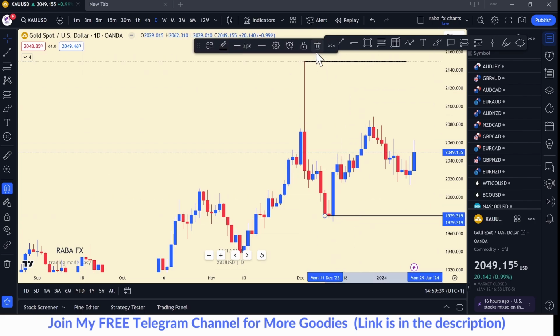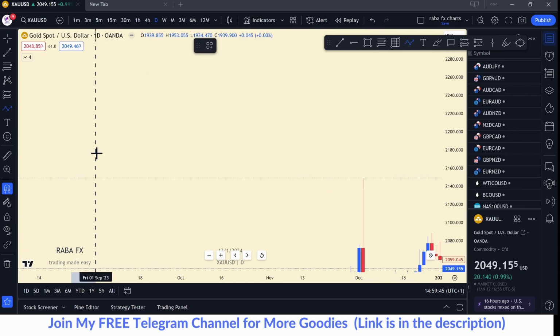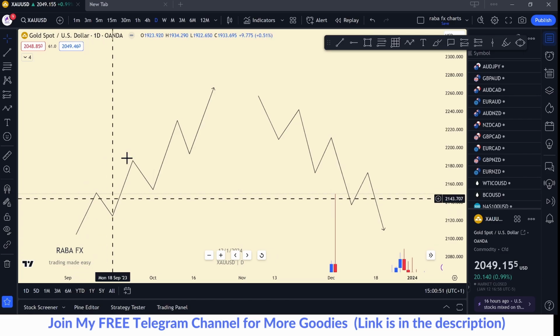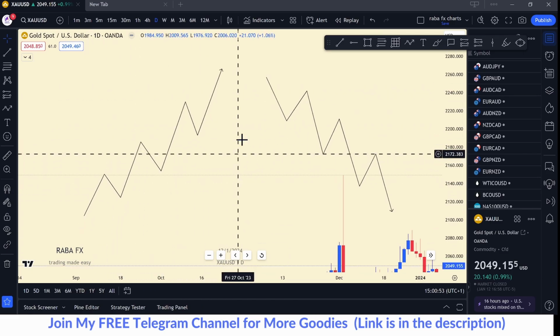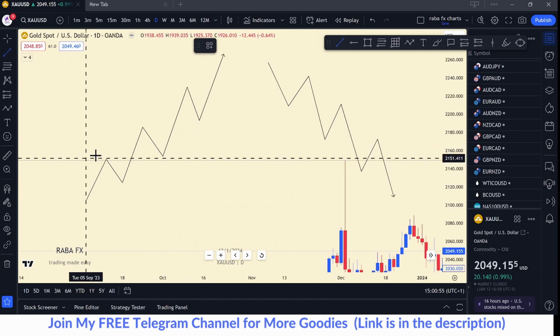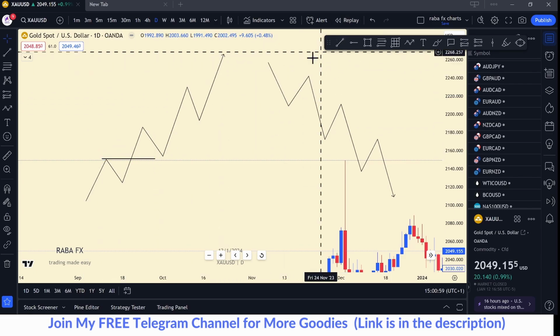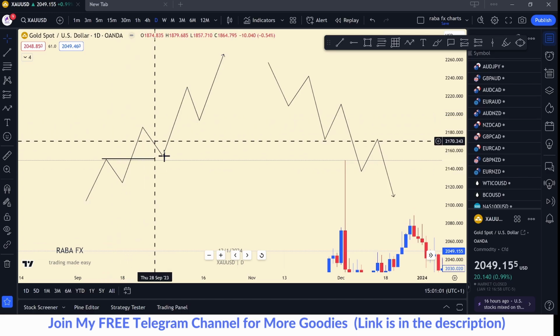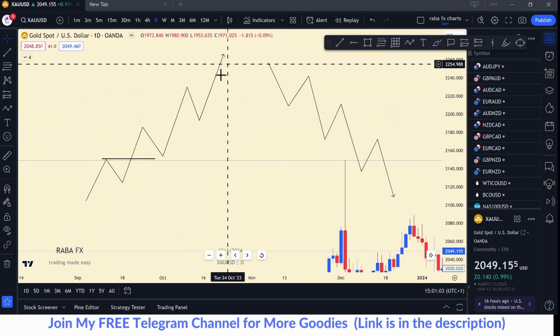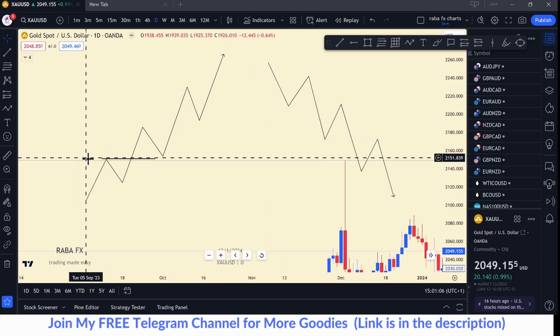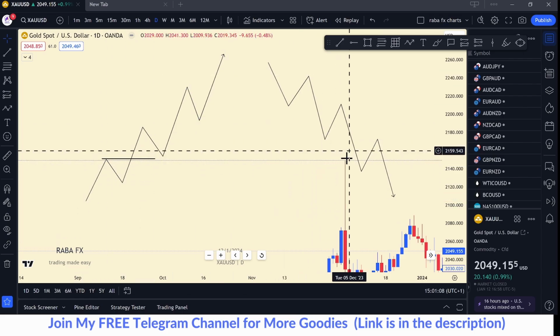For example, you have a chart like this. This is what you'll be taught on YouTube. They will, in the form of looking at the structure, say that the structure will give you the order flow. All right, when you break structure to the upside, that means the order flow is bullish. And in this case, the high here is simply this weak high.